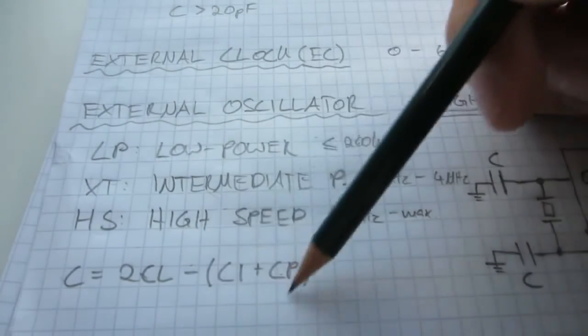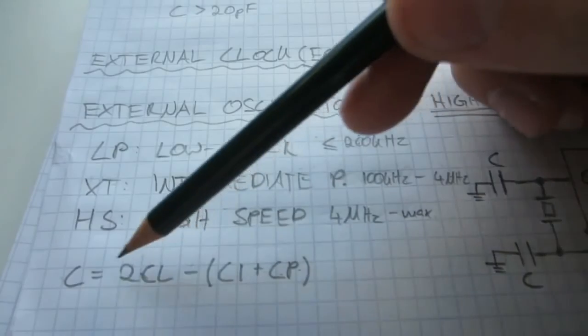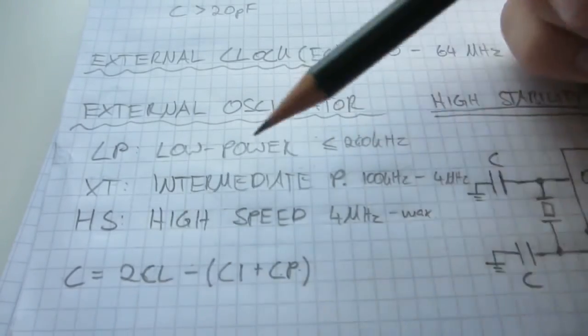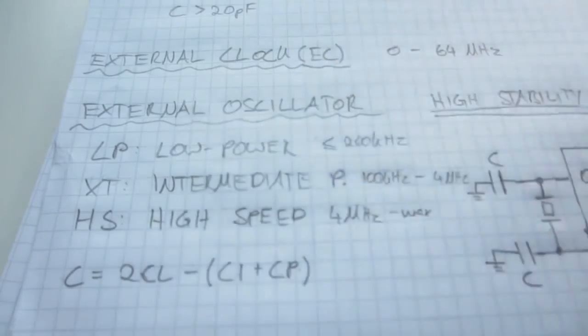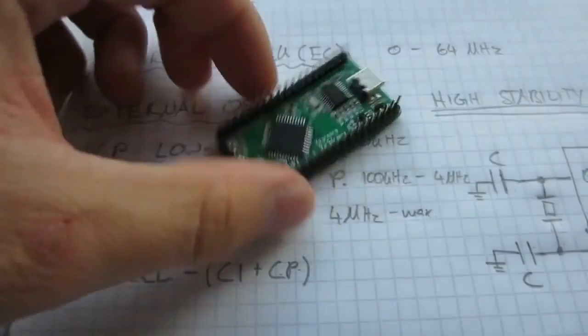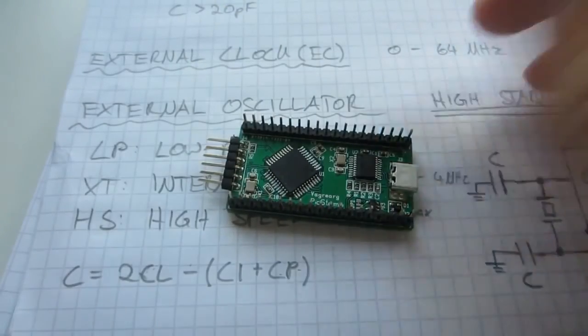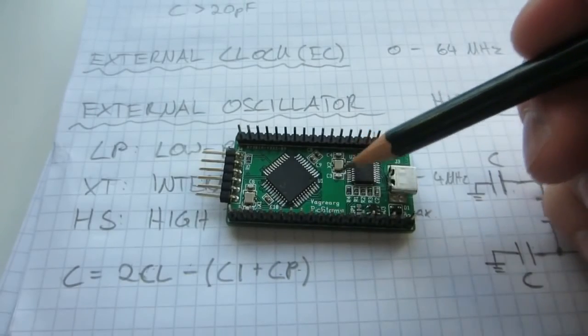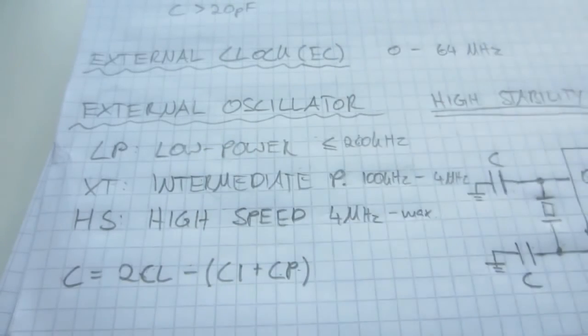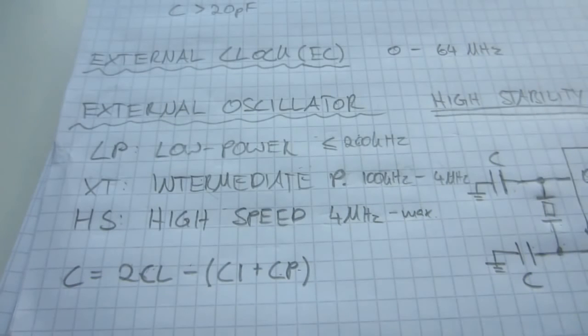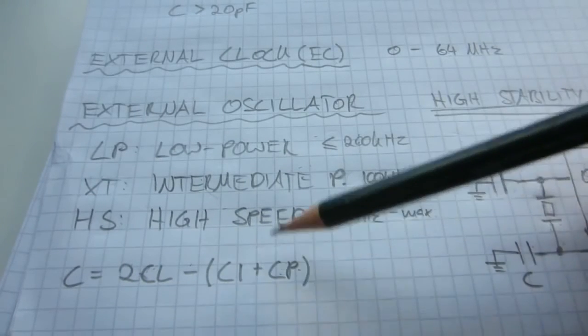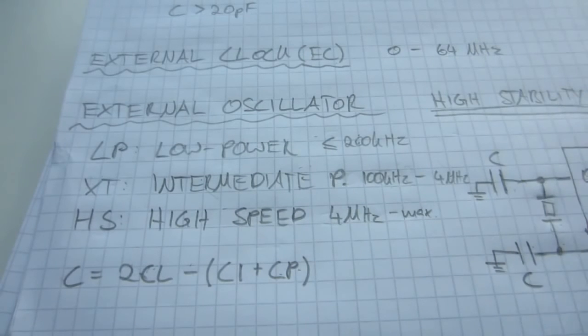Often you won't care about this term too much, and you'll just use whatever value is coming out of this equation here. For example, on this board, it uses a 60 megahertz oscillator and 22 picofarad load capacitors. That's just one of the standard values that you'll often find in schematics where you don't really worry about that term because you're not that concerned about drift or stability or actual frequency accuracy.